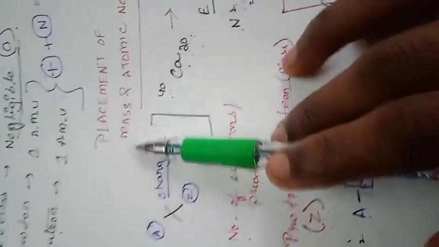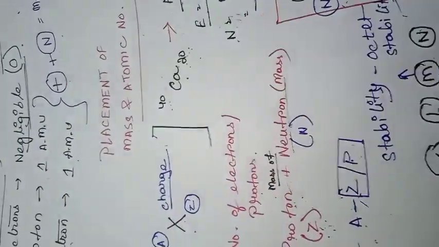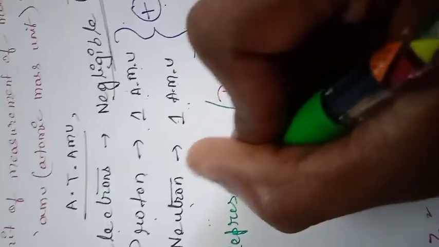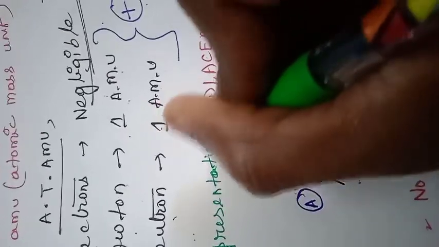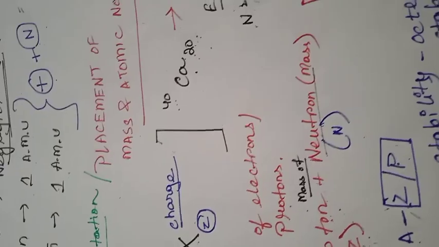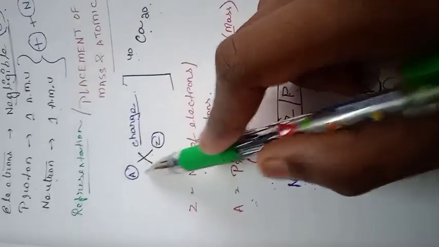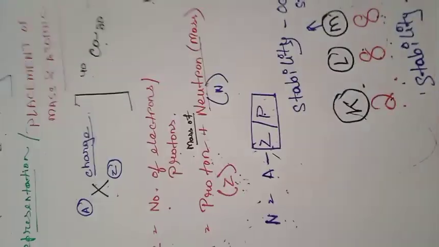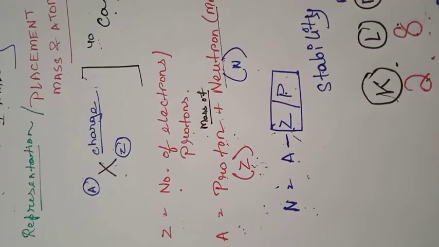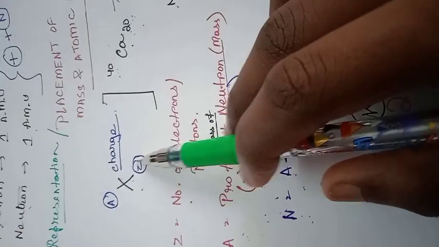Now, what is the placement of mass number and atomic number? How do we represent that? The representation or placement of mass number and atomic number: I am considering one element as X, or an abbreviated form of an element as X, and I am writing Z over here.